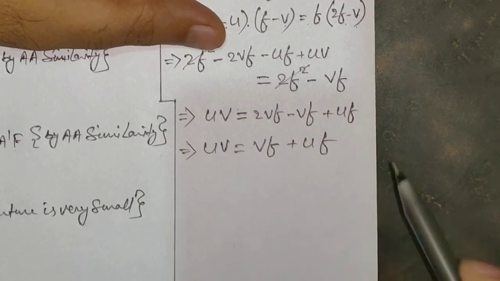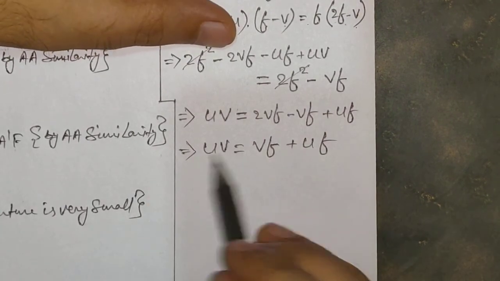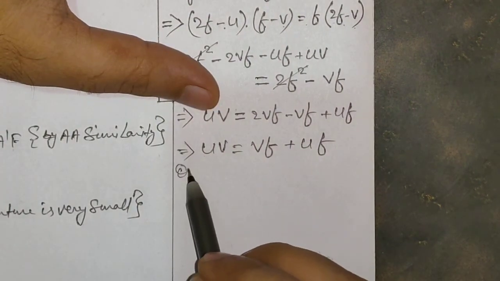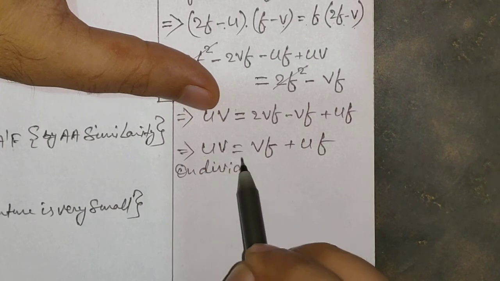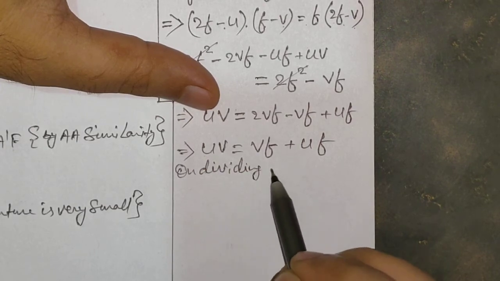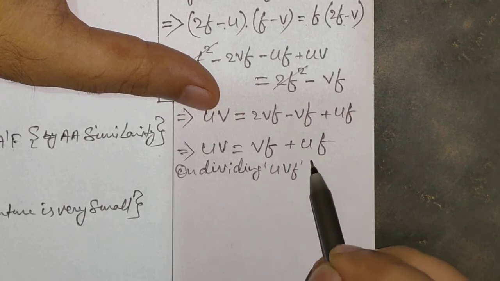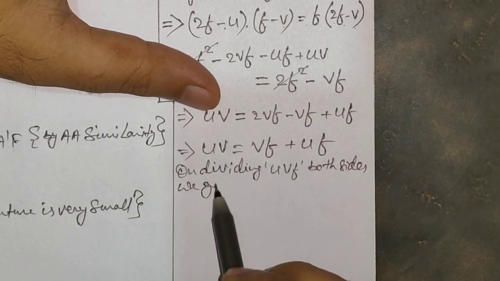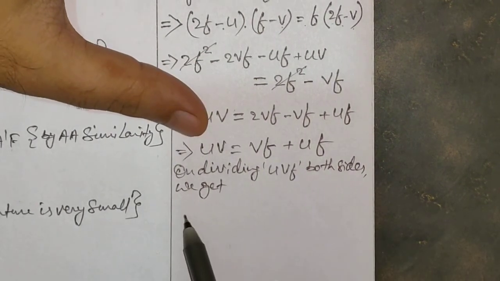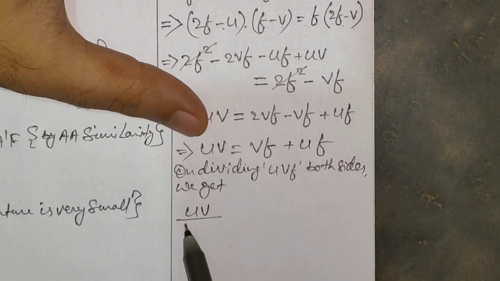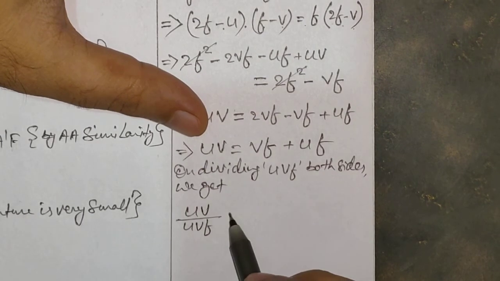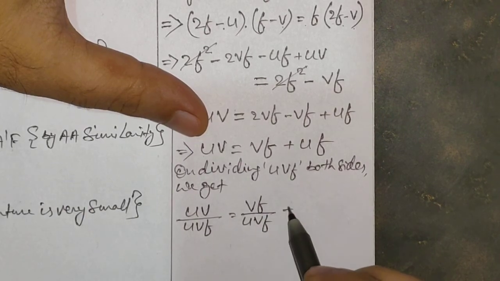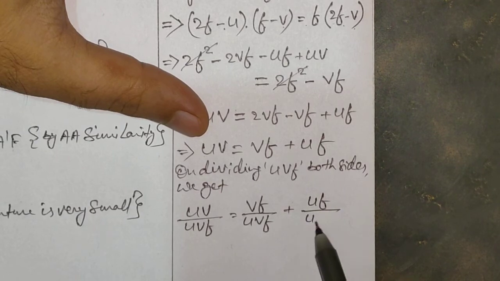plus uf. Now it is very simple, just divide both the sides by uvf. On dividing by uvf on both sides, let us see what we get. uv divided by uvf is equal to vf divided by uvf plus uf divided by uvf.